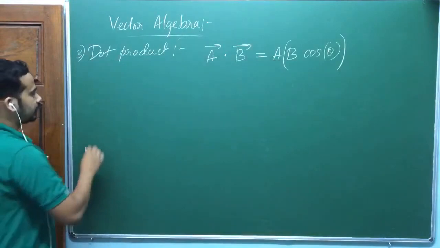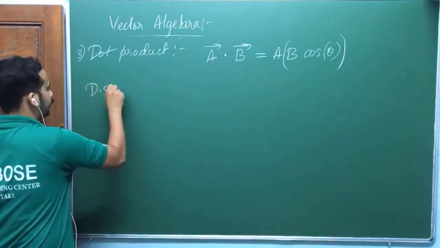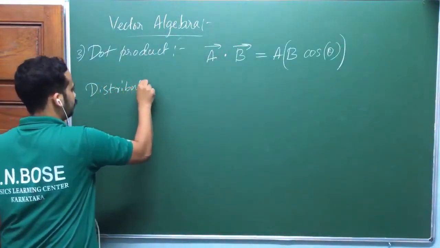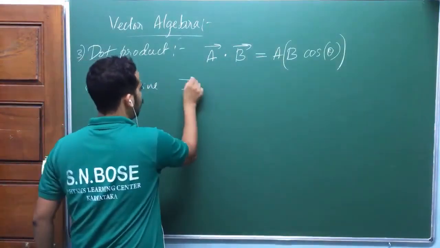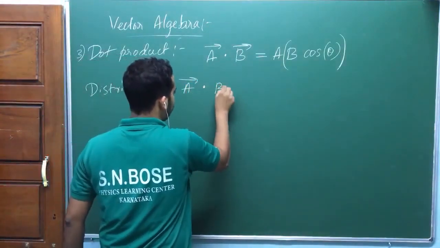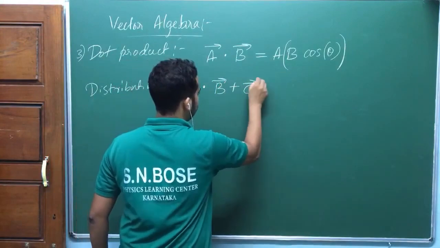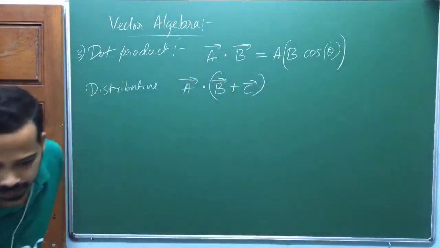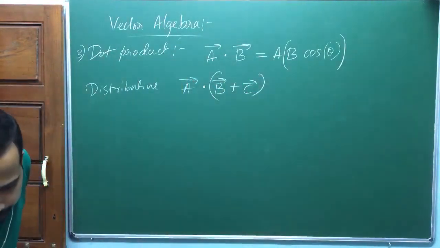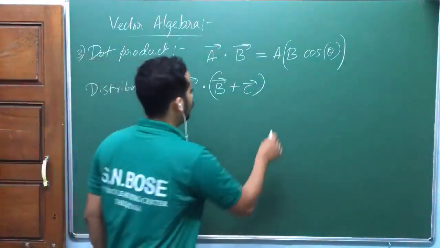One more small thing, the distributive law. A dot product with B plus C: how do you write this?